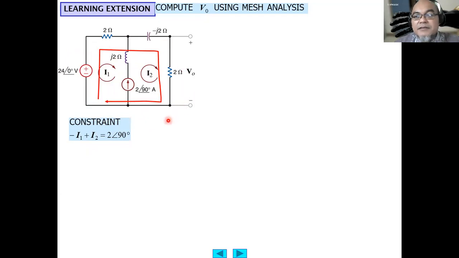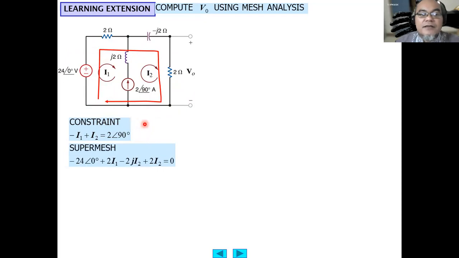Then using a supermesh, encircling the outer loop of the circuit, we obtain minus 24, plus 2 ohm times I1, minus 2J times I2, plus 2 times I2 equals 0. So from here, I1 equals I2 minus 2J.